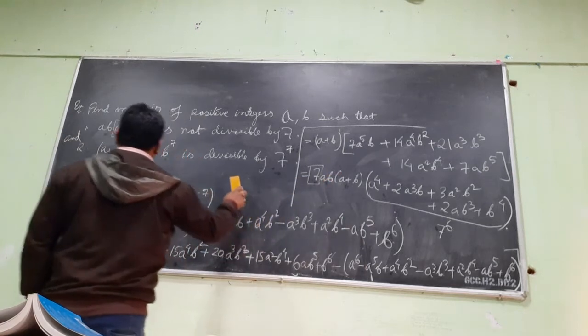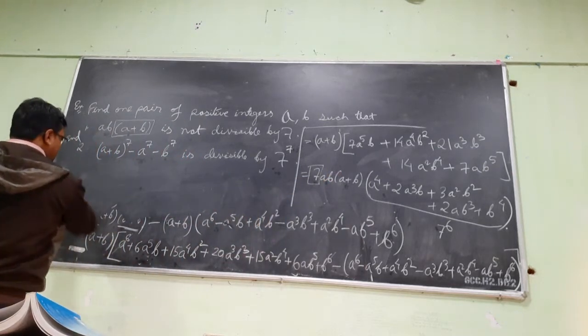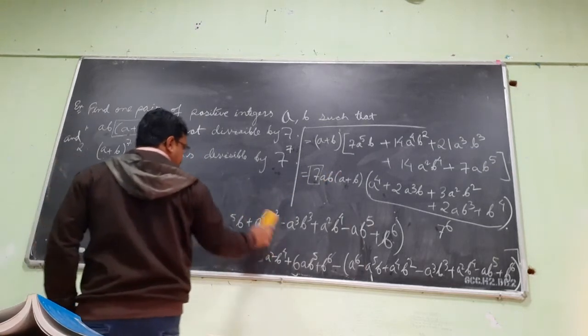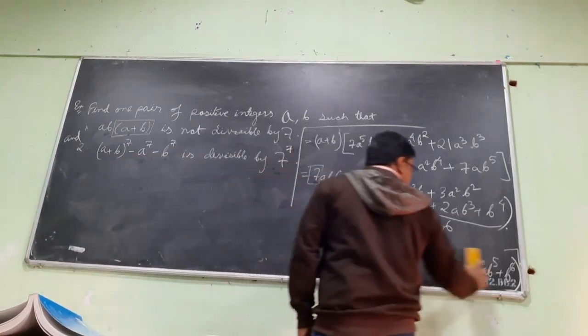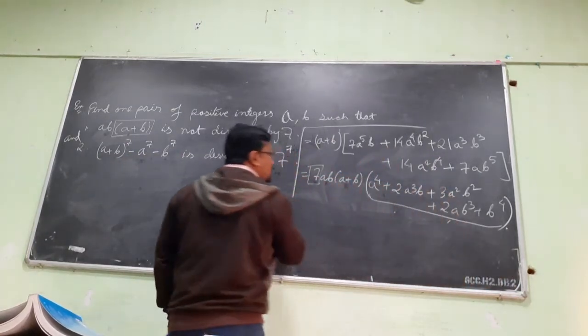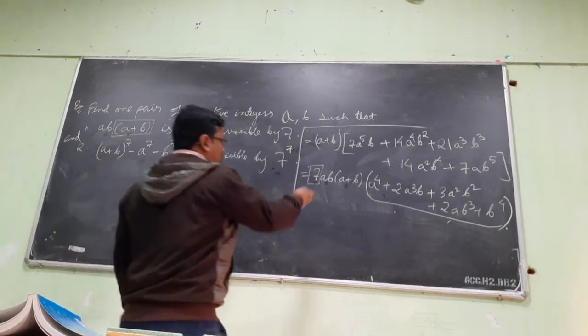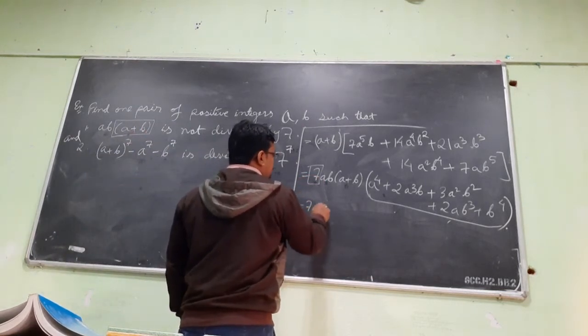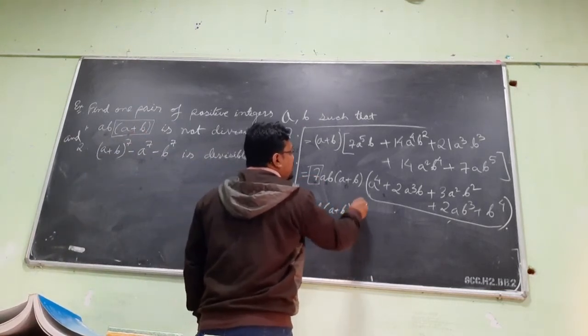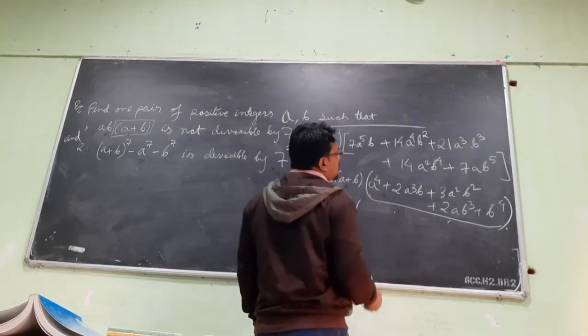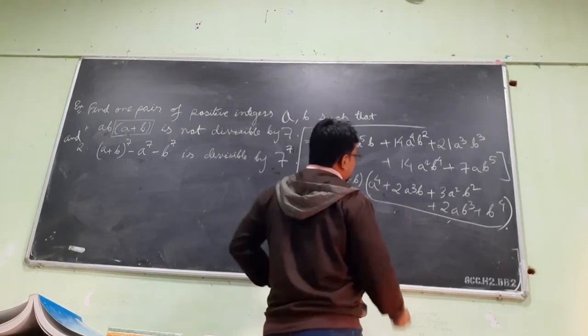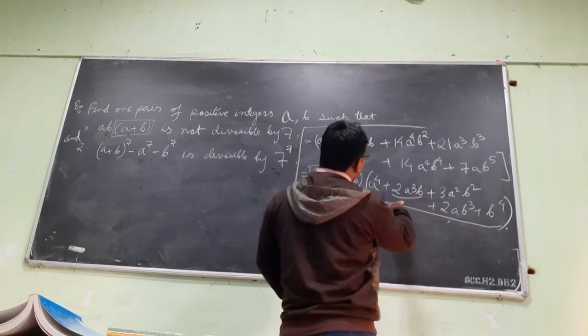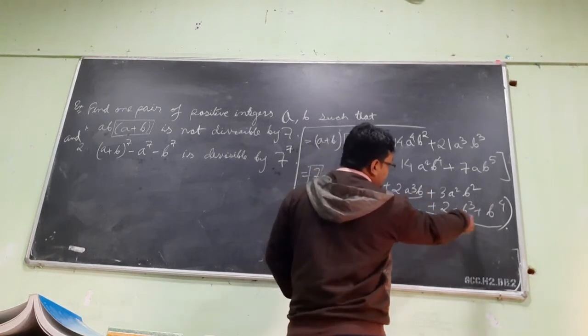So let us see if this simplifies. There was 7ab into a plus b, and this one: a to the power 4 plus twice a cube b plus twice a b cube.